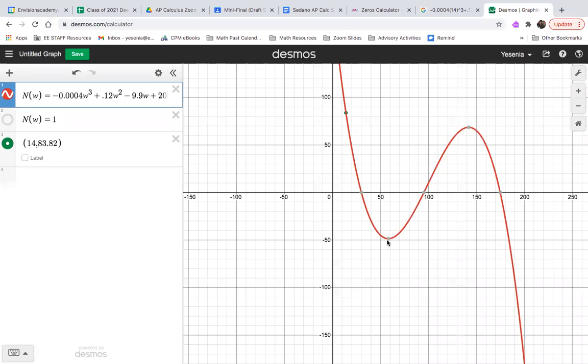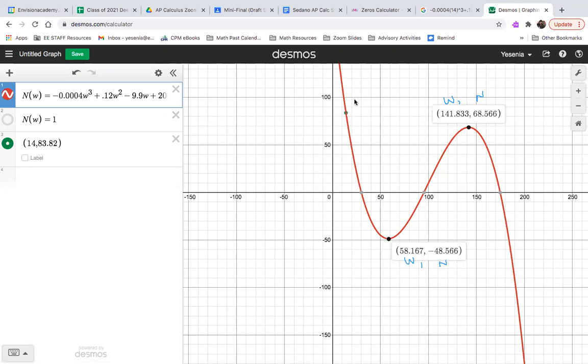Now let me click on the maximums there again. At these maximum values, remember that these coordinate points, this represents your wage, this represents number of workers. Because calculus directs us to look at these major points, right?